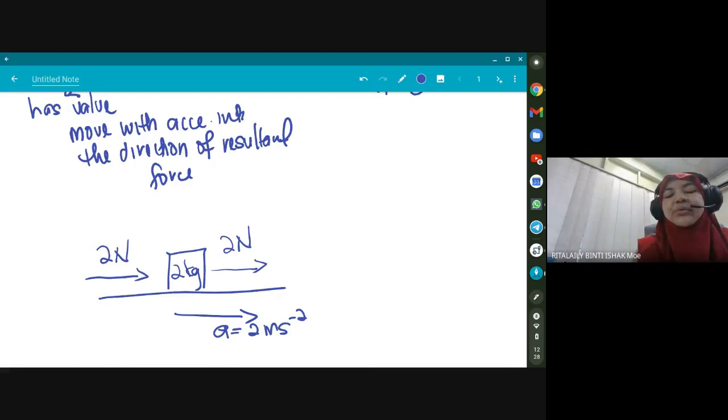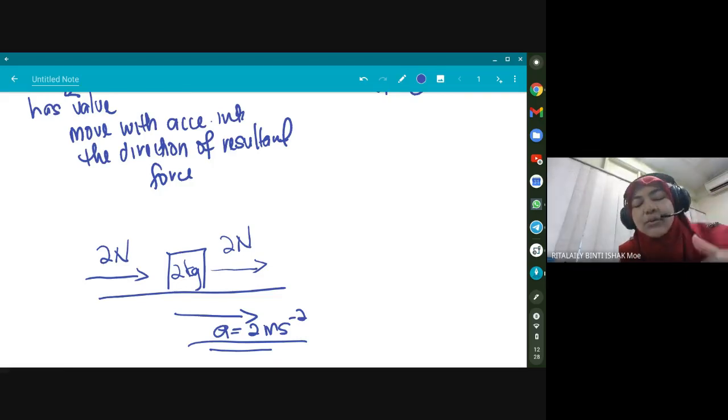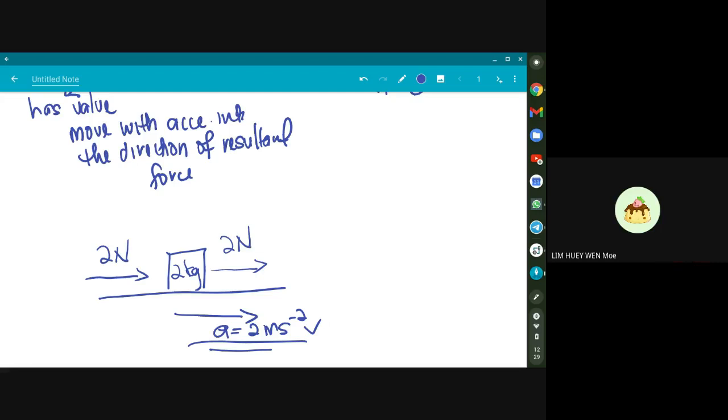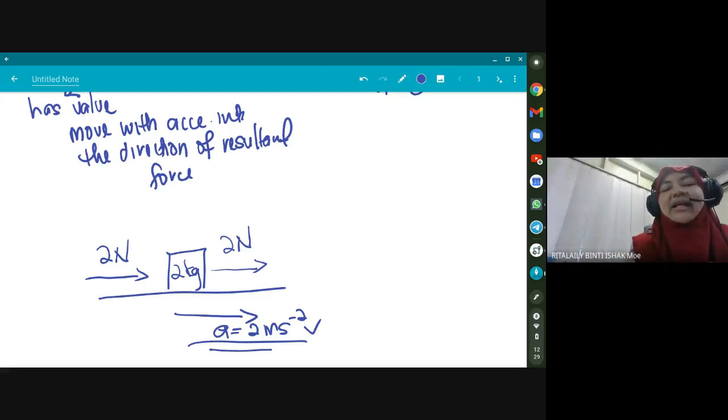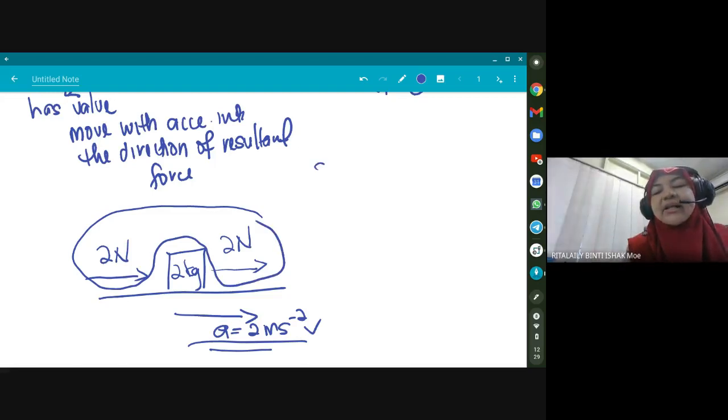Okay, so how do we get the 2 meter per second per second? What are the steps that we must do in order to get the acceleration? First, what do we do? Calculate the resultant force. Yes, we calculate the resultant force. These two forces we need to calculate: 2 Newton plus 2 Newton. The directions are the same, so we don't need to put a negative sign.